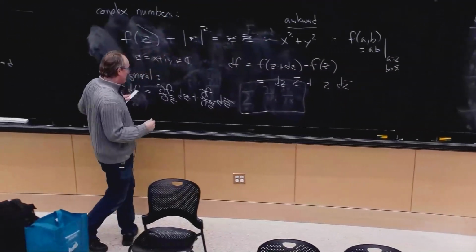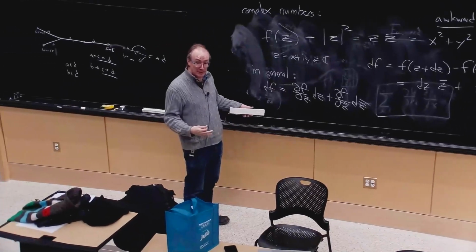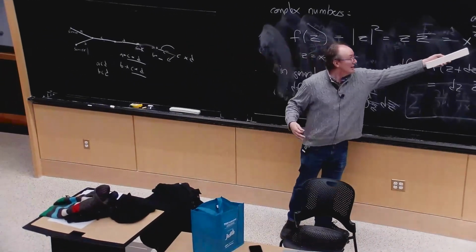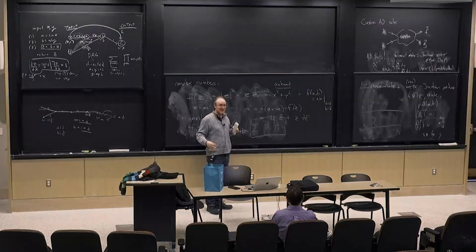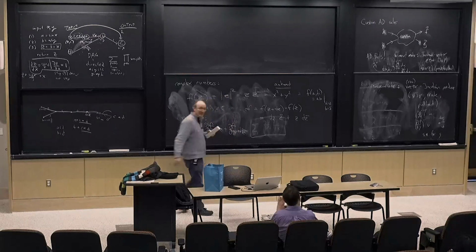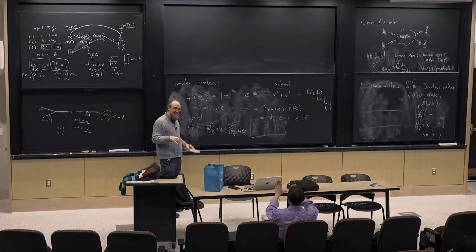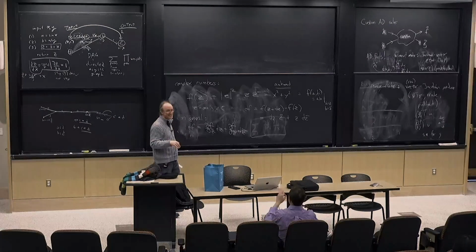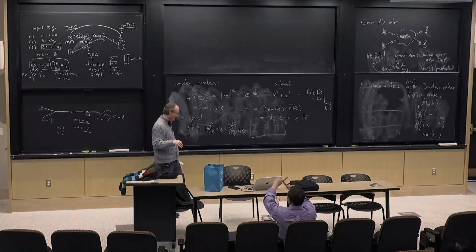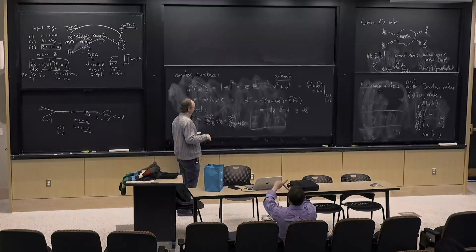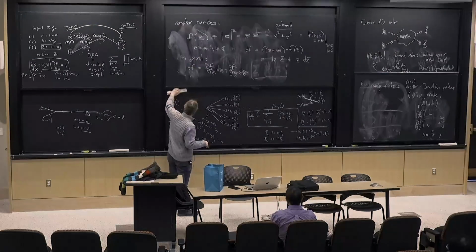And everything ends up being perfectly sensible. It's equivalent in some sense to differentiating with respect to the real and imaginary parts separately. The way I look at it, I don't know if this helps or hurts, but in the complex plane, dx is eastward and dy is northward, and here you have dz and dz bar, these two symmetric directions, but you still need two dimensions to describe what's going on. So that's one way to look at it.